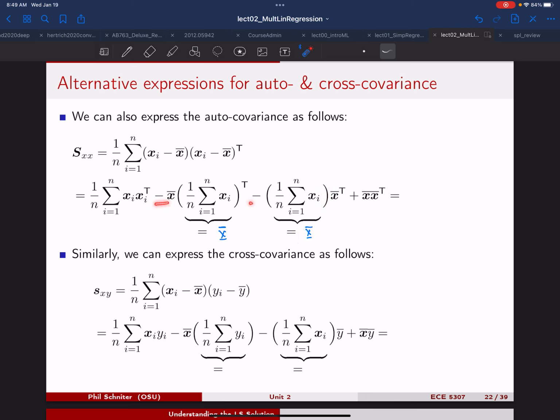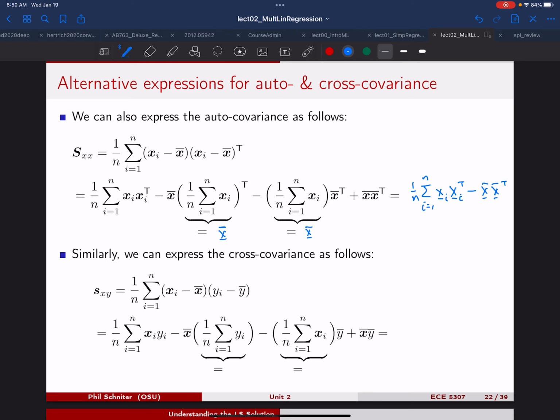The first 2 times have negatives, the second time is a positive. So basically this all boils down to minus x bar transpose. So let's just write it like that: minus x bar transpose. So this is another way of writing the autocovariance.